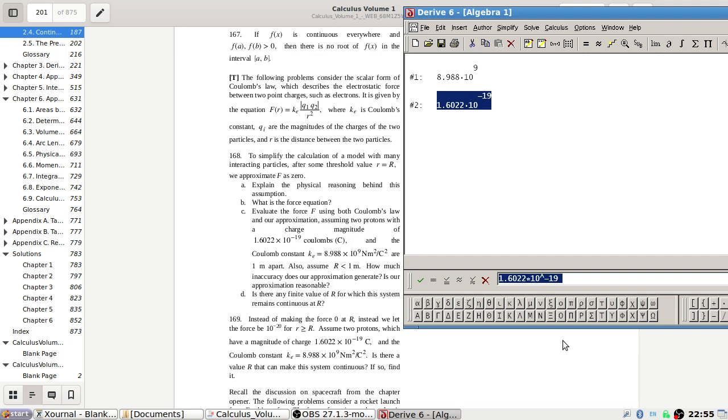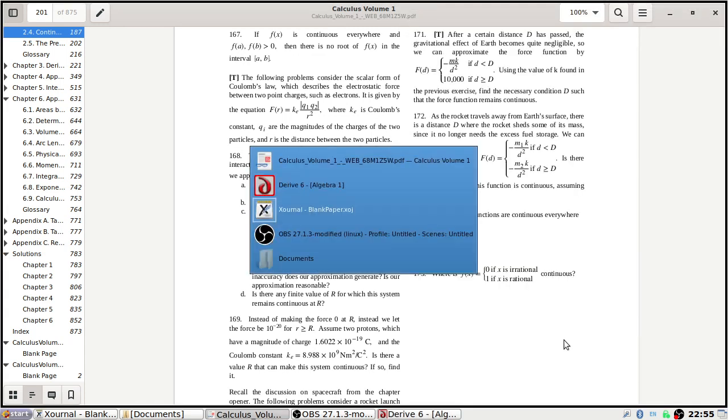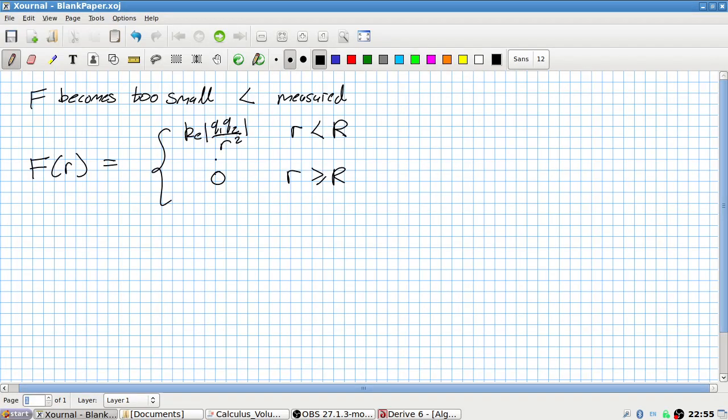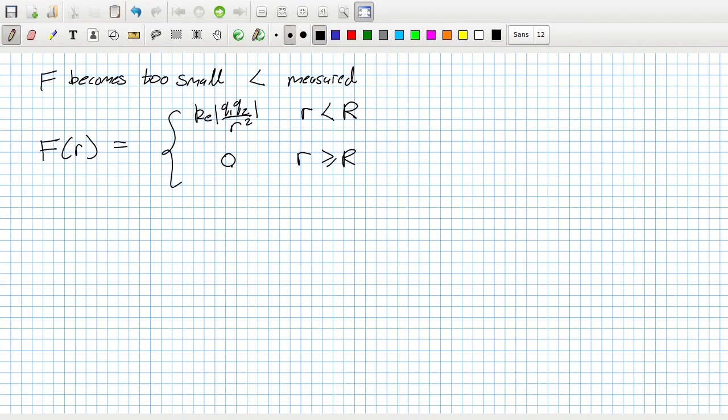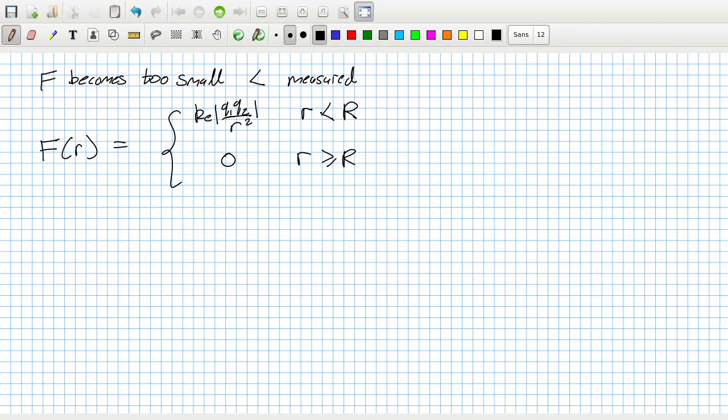And also assume r is... oh, hang on, if I wrote this backwards, I just realized something here. Okay, and r is less than a meter.